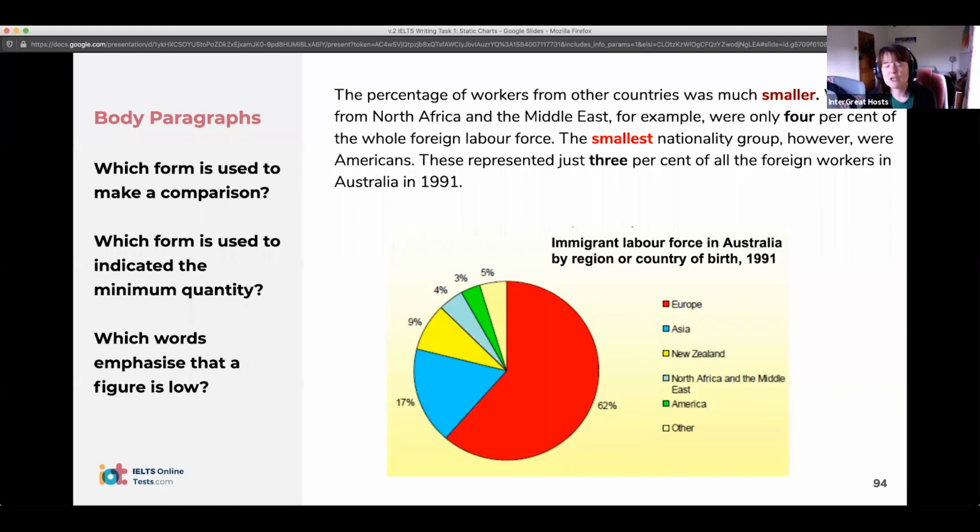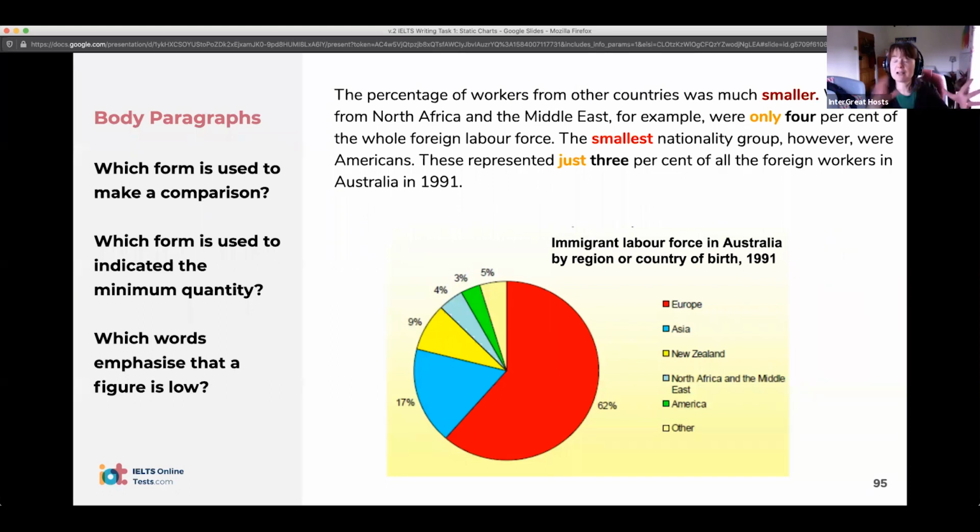And what can we use to emphasize that it's a very low number? When we talk about America, just, yes, very good, or only, or merely. So again, those are very good words to use.